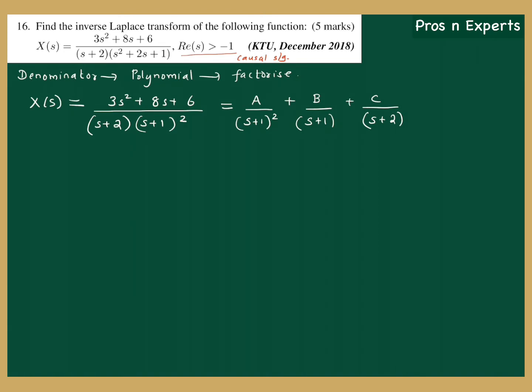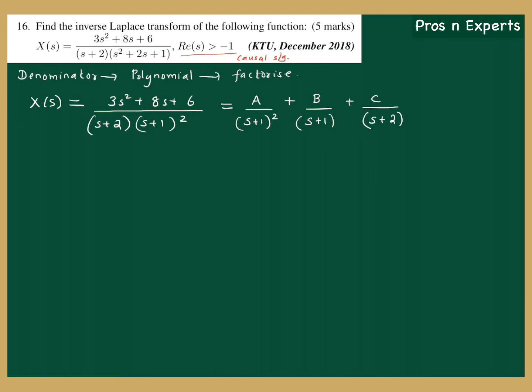So if s plus 1 the whole square, then I have to write a by s plus 1 the whole square, then b by s plus 1, just 1, plus the other factor c by s plus 2. This is the way to write the partial fraction if you encounter any second order factors in the denominator polynomial. Now since this is of the factor square form, there are no shortcuts to find out the constants a, b and c.